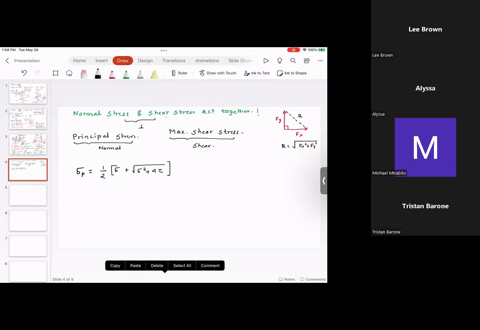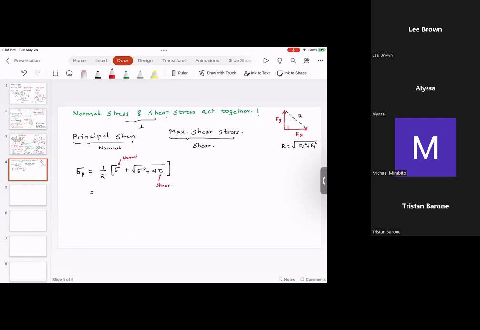That is the equation for principal stress. Here, sigma is the normal stress and tau is the shear stress.